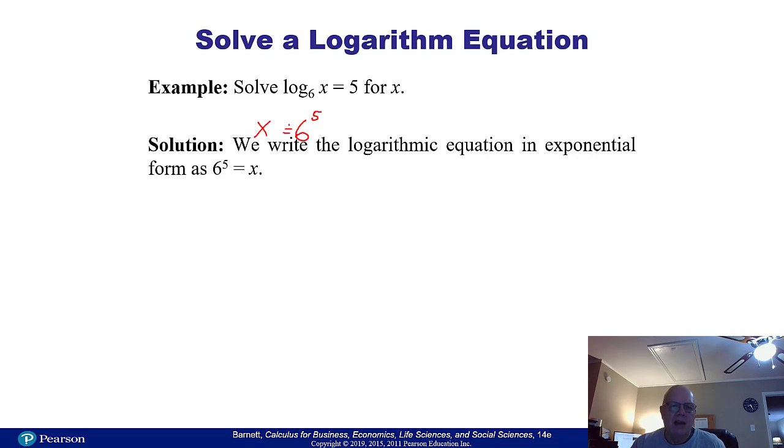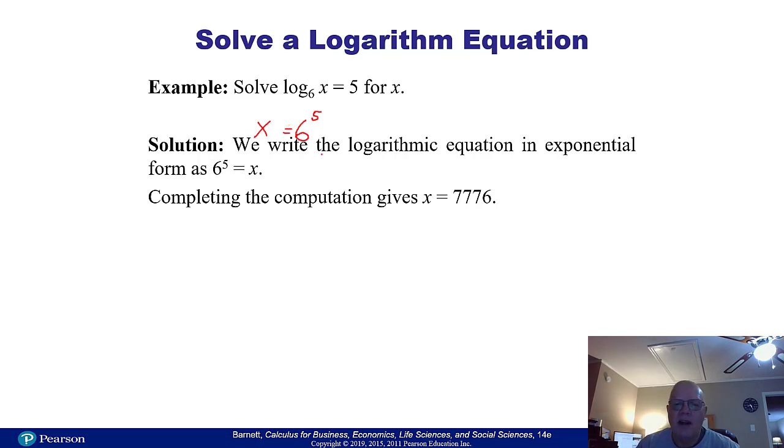Write in exponential form, and there's our x. 7,776 is the missing number up here. Just by converting it from logarithmic form to exponential form, the whole thing becomes child's play, literally.